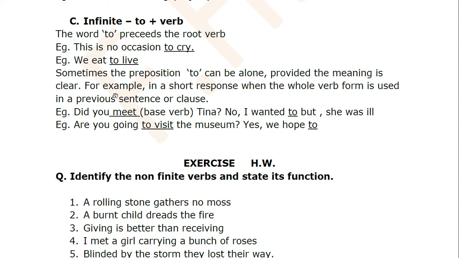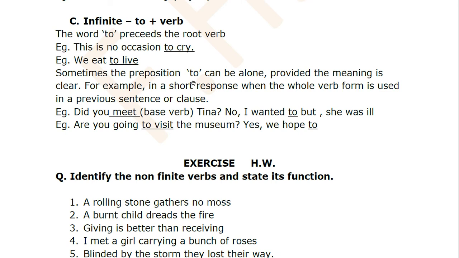Okay. Now, sometimes, very rarely, it's a bit tricky. Sometimes the preposition to can be alone, provided the meaning is clear. For example, in a short response, when the whole verb form is used in a previous sentence or clause. Now, see the example.